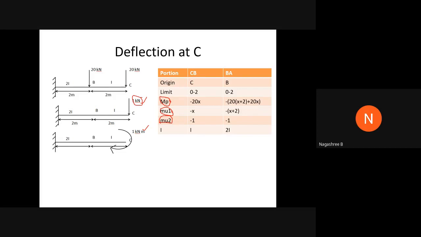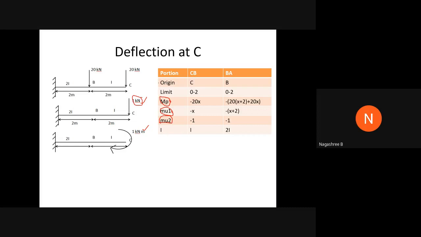Mu1 is the moment due to the point load which we have assumed in order to calculate the deflection. Mu2 is the moment due to the assumed unit rotation, the third case, in order to calculate the slope.